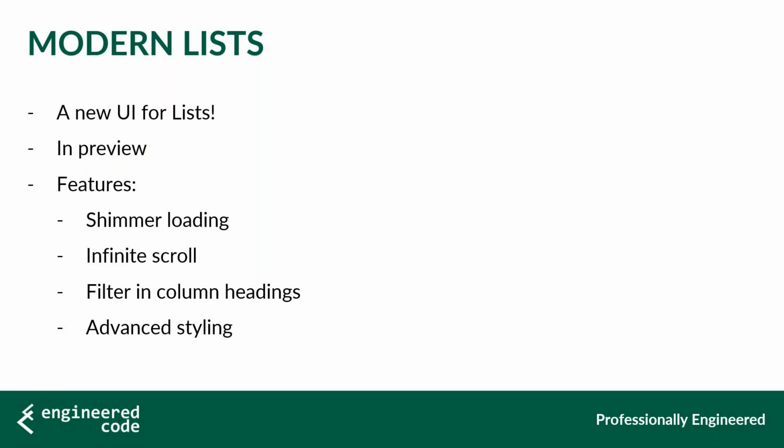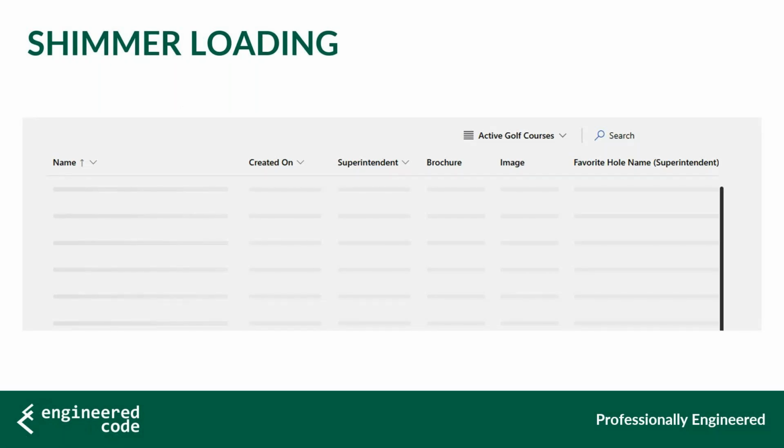So let's go through those features. First one, shimmer loading. I'm not sure who first invented this technique, but I think Facebook maybe popularized it. Instead of the loading screen being just a spinner, before the data is available, they put something on the page that resembles what the data is going to be.